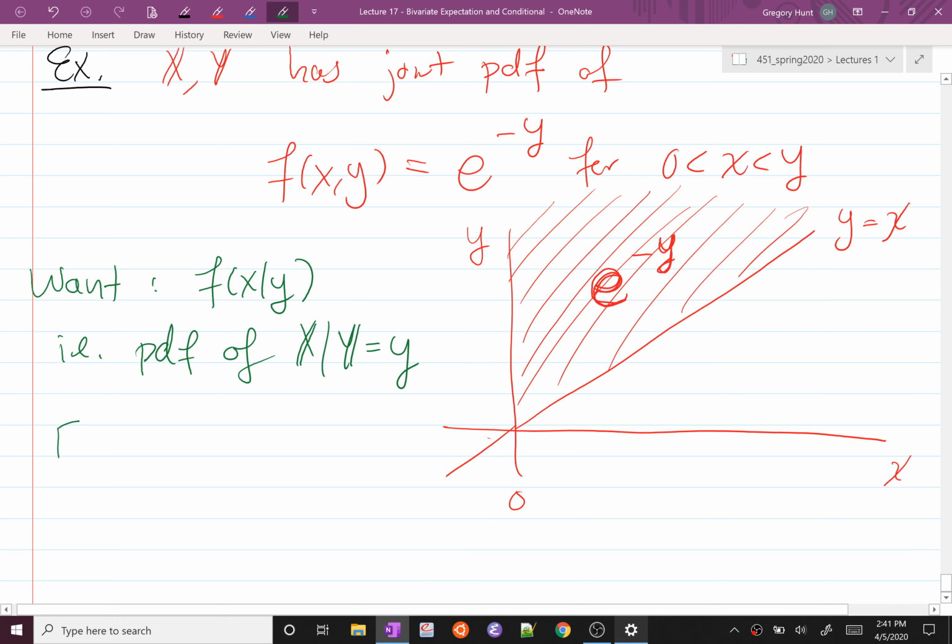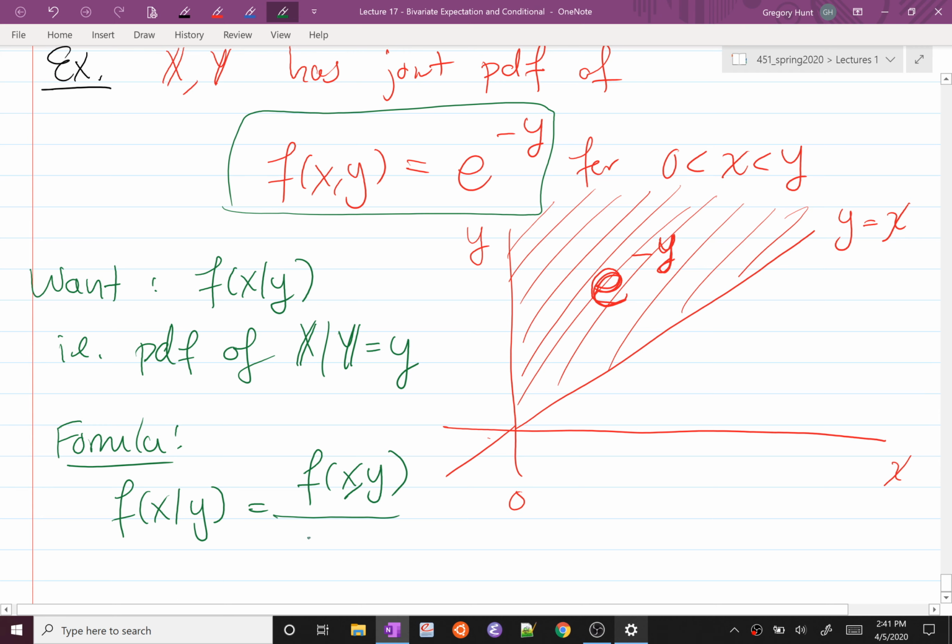And our formula says that f of x bar y is the joint, which we have directly, we're given it, e to the negative y, over the marginal f x of x. Okay. So all we really need to do is get the marginal, right? Which is not too bad.